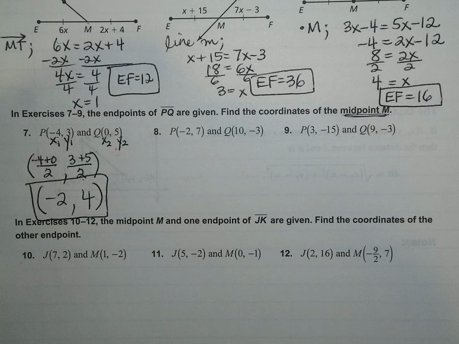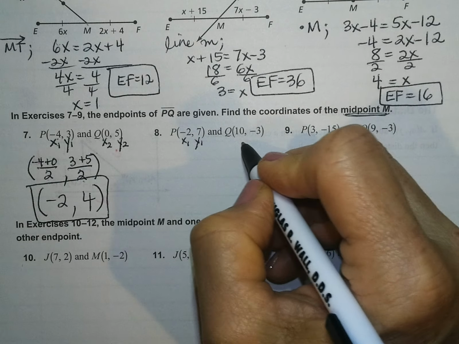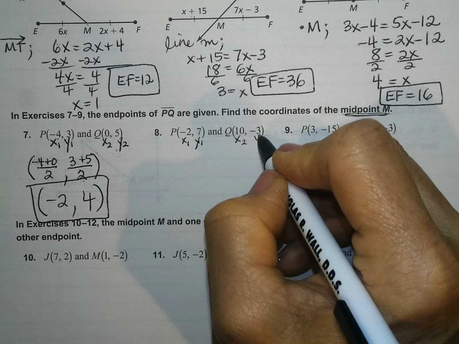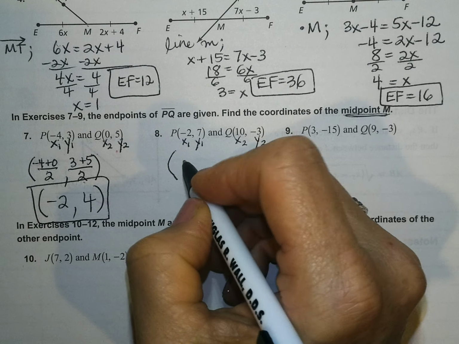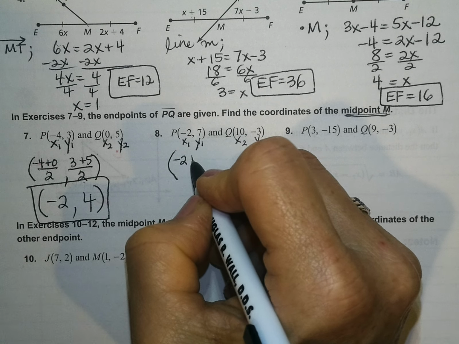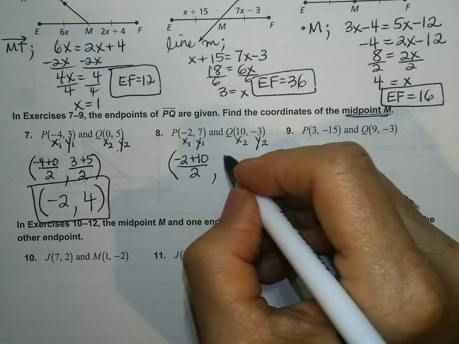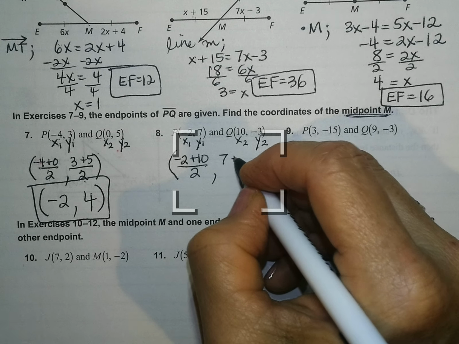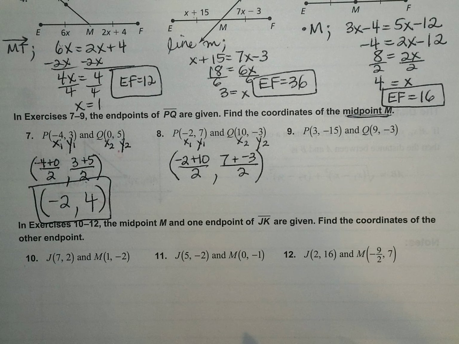And I put a box around it. There's my first point, and there's my second point. So again, the x's added together divided by 2 will give me the middle, and the y's added together will give me the middle.